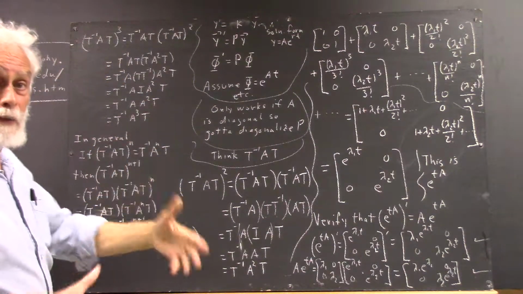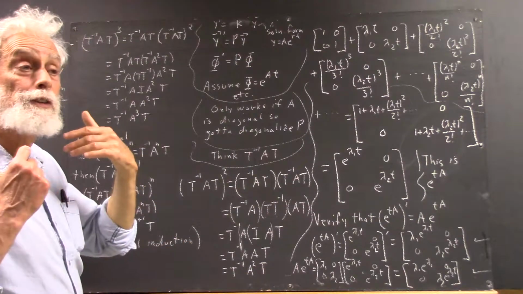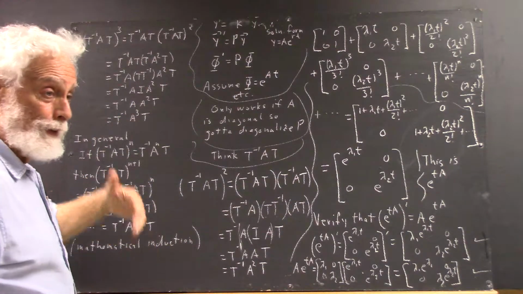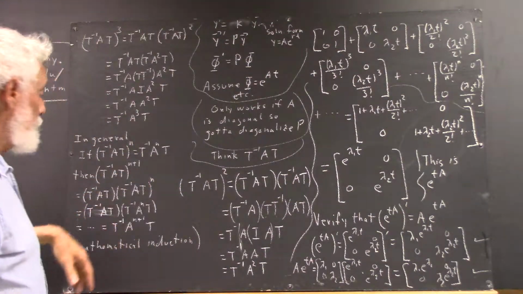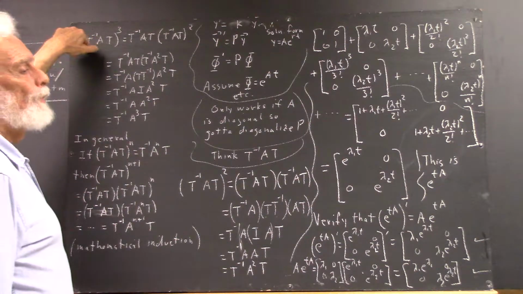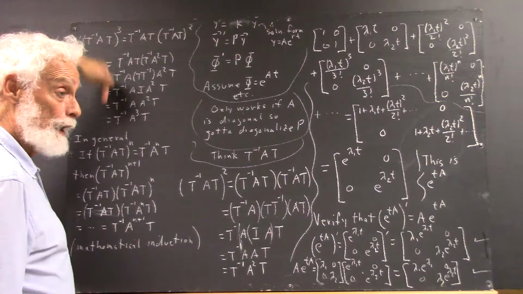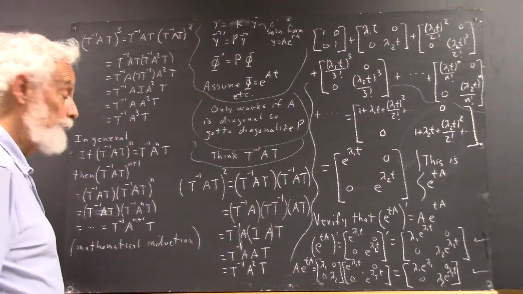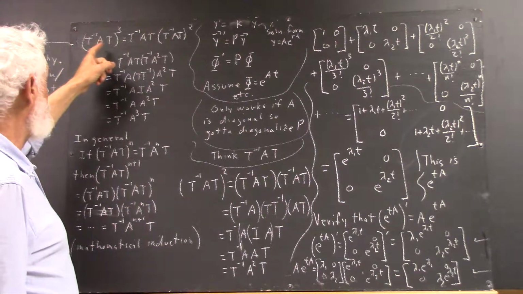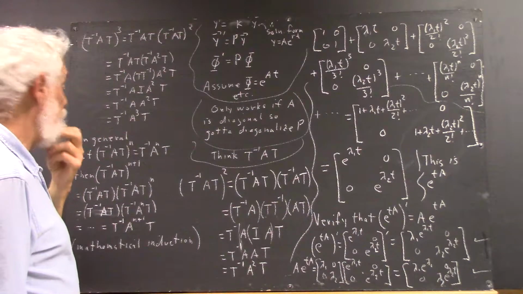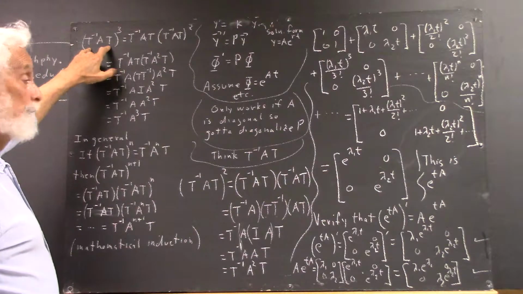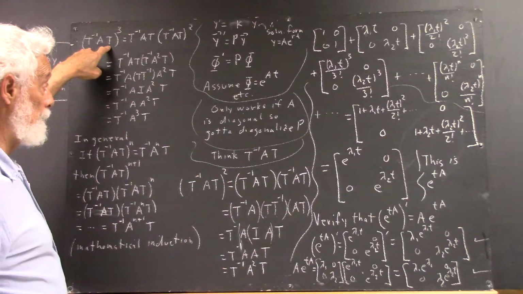Now, if A is a diagonalizable matrix, not necessarily a diagonal matrix, but diagonalizable, then it's diagonalizable by forming a matrix with the eigenvectors of A as its columns, a square matrix with eigenvectors as the columns, and then multiply A by T inverse on the left and by T on the right, and you're going to get the diagonal matrix. So T inverse AT is considered to be a diagonal matrix.